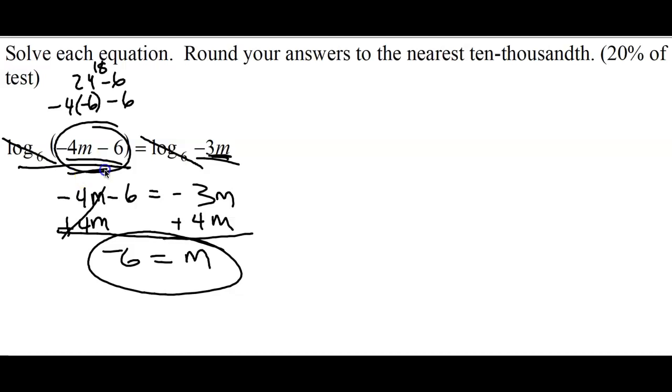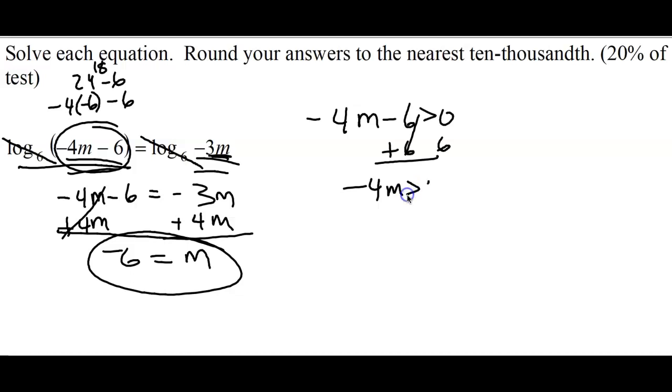Another way you can do it is, instead of just plugging it in, the way we talked about it in class is you take the argument, right, you make it greater than 0, and you solve. And when we're going about this approach, you've got to be careful that when you divide by a negative, you reverse your inequality. So any number less than negative 1.5 is a good solution.